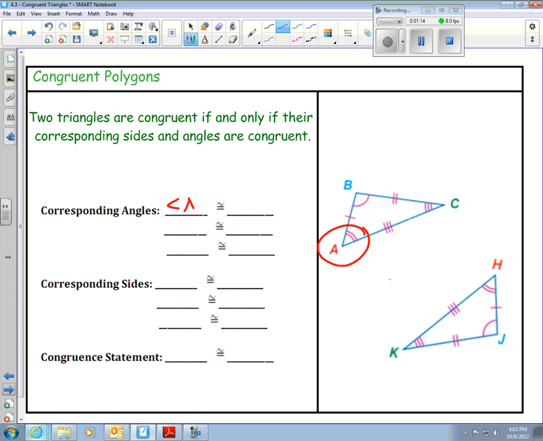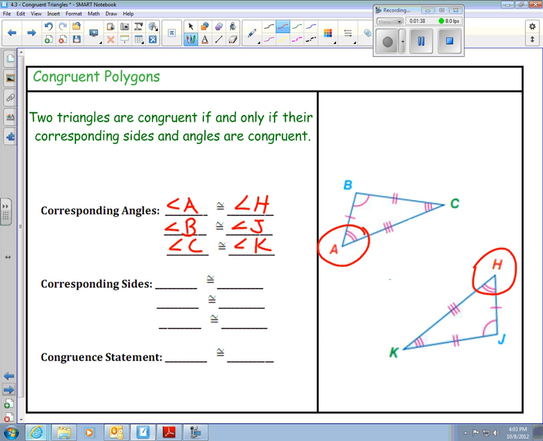So we have angle A, and I'm going to match it up with the one that also has two angle markings, which will be angle H. Angle B had one angle marking, so angle J also does. And my third one, angle C, has three angle markings, along with angle K.